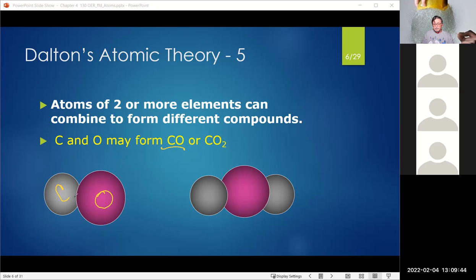Carbon is the gray one. Then we can also have 2 oxygens bonded to the central carbon, and we will end up with carbon dioxide. I'm sure you've heard of carbon monoxide, a very poisonous gas, one of the gases that our engines exhaust, and carbon dioxide, okay? Totally different.